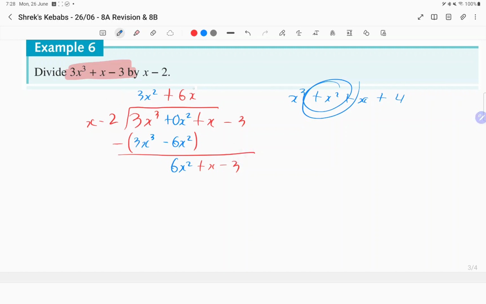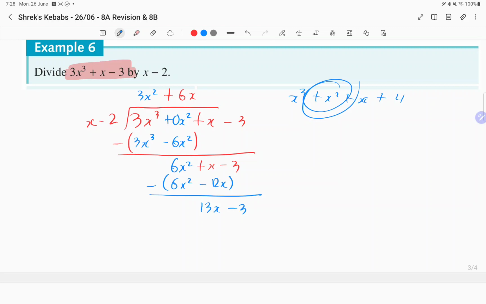Multiplying down the entire expression, you get 6x squared minus 12x. Then we subtract again. The first is cancelled out, and the next is 1x minus negative 12x, which is plus 12, so that will be 13x minus 3.